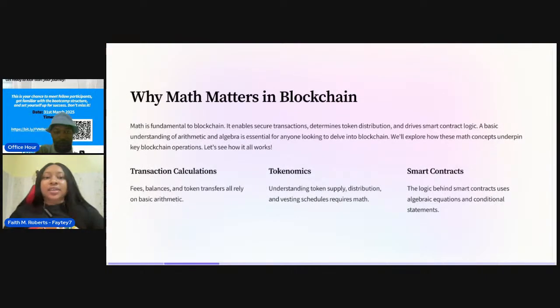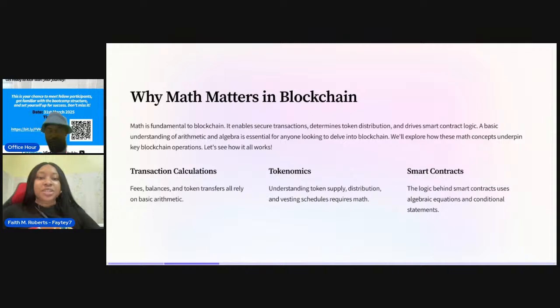So why the math matters in blockchain? Math is fundamental to blockchain as it enables secure transactions, determines token distribution, and drives smart contract logic. When I said it enables secure transactions, it is the math behind the blockchain that powers the calculation of nonces for each transaction that makes sure no particular nonce is the same.